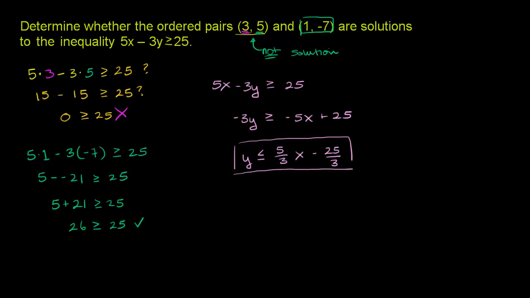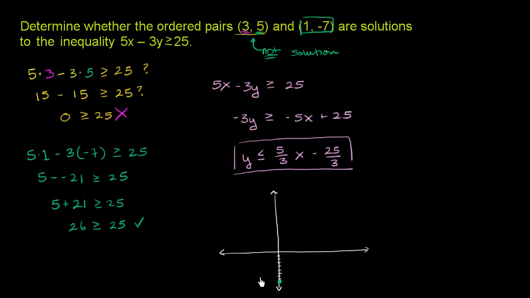If I wanted to graph this, I'll draw a relatively rough graph, just so that we can visualize it. Our y-intercept is negative 25/3, which is the same thing as negative 8 1/3. That's 1, 2, 3, 4, 5, 6, 7, 8, and a little bit more. And it has a slope of 5/3.